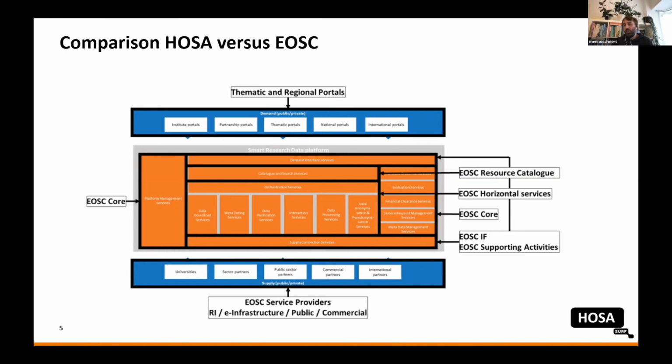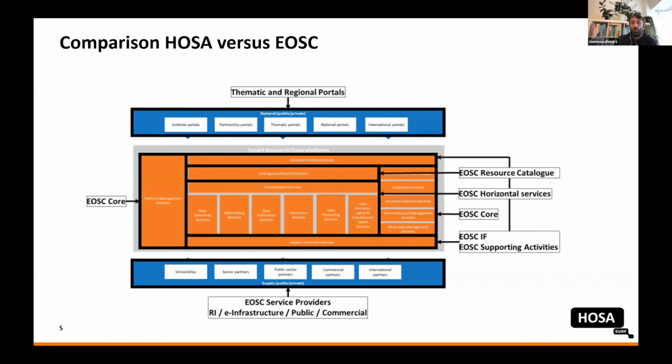Last year EOSC developed this interoperability framework, and we decided to investigate how well the high-level architectures of EOSC and HOSA align. This has been done by Mark van der Zande, who is also here today.